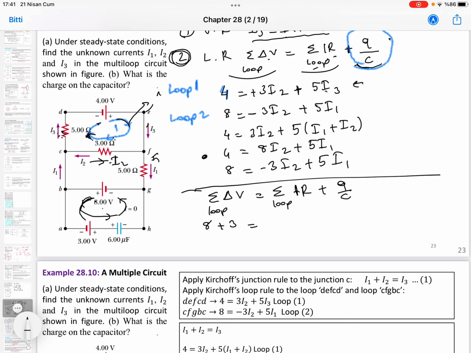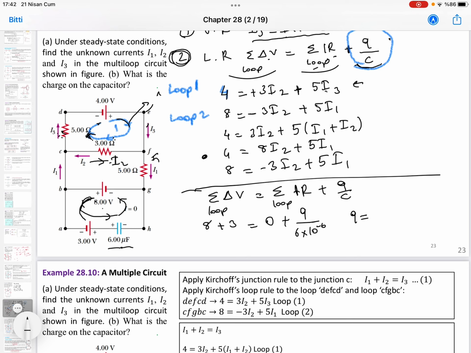Are there any resistors here? No, there isn't a resistor, so I will say 0. Then I will come to just this capacitor. I don't know Q, but I know C. Be careful, instead of microfarad, you have to use farad. 6 multiplied by 10 to the minus 8.